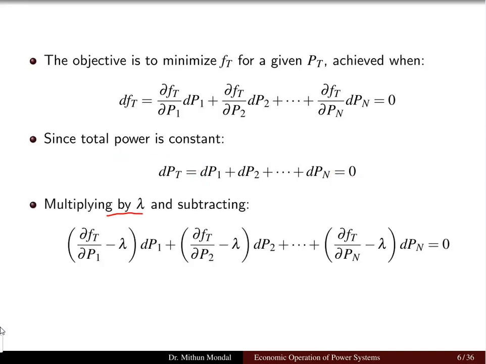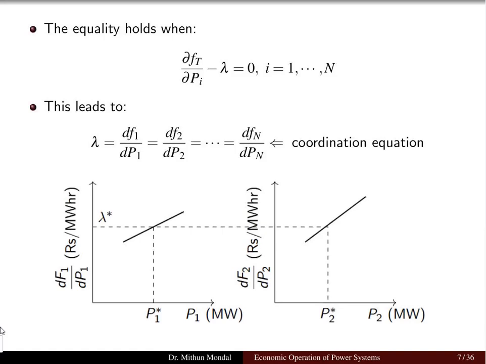If we multiply it by the incremental cost lambda and subtract it, we get the expression in this form. The equality holds: the differentiation of the fuel cost with respect to the power of a particular unit minus lambda, the incremental cost, is equal to 0. And this is valid for all the power plants from i equal to 1 to n.